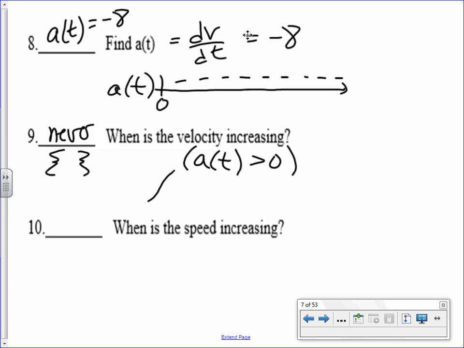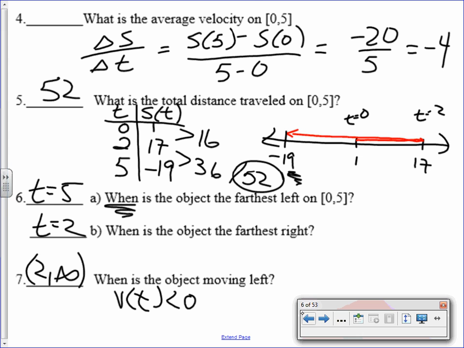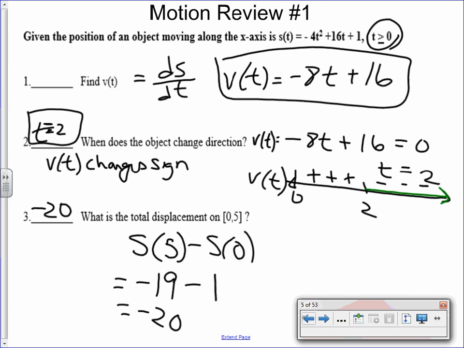Now comes the question, when is speed increasing? Speed increases when velocity and acceleration have the same sign. So you want to line up the velocity sign chart with the sign chart for acceleration. Now the velocity sign chart we made, it changed at 2 and it went from positive to negative.